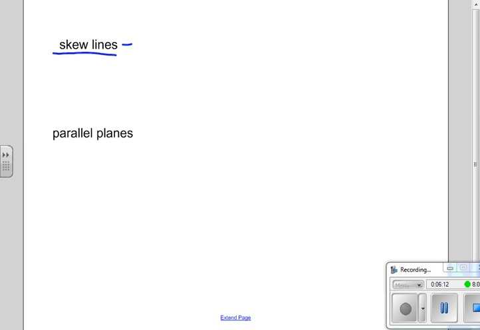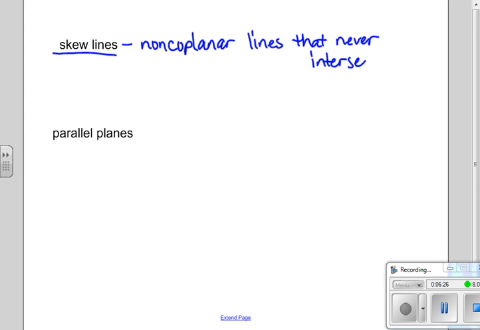Skew lines are non-coplanar lines that never intersect. Okay, we'll do some examples and talk about these in a picture in just a second.